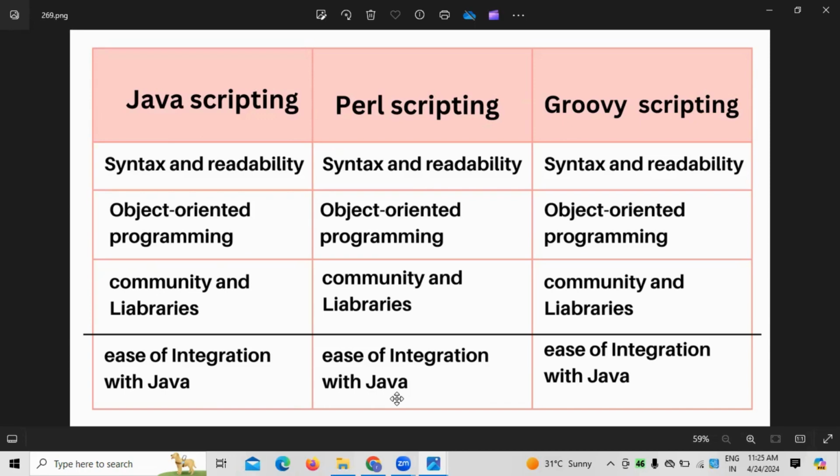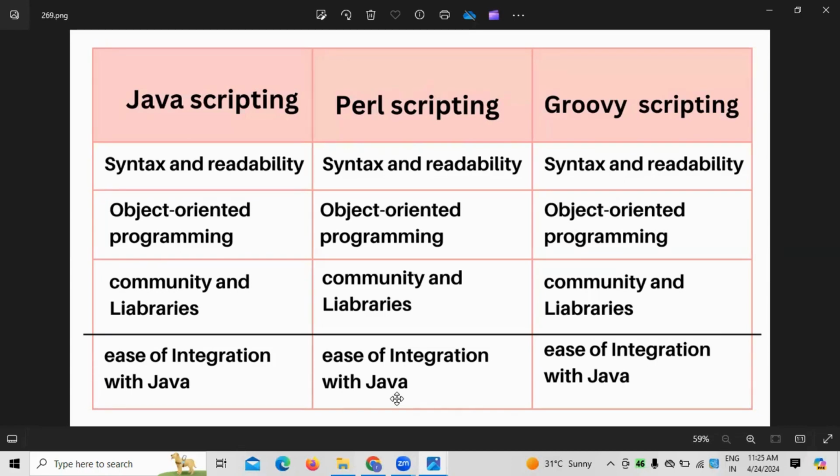But Perl scripting was not the case, because it has an advantage. What kind of advantage is that? When we are working on some complex projects, then only Perl scripting will be more advantageous to you. So one way I can say this is an advantage for the people who are working on it.